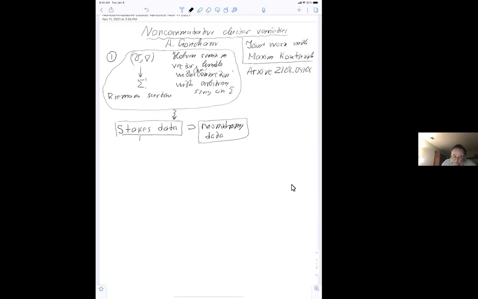As I said, I'm not going to define this, but I want to make a statement about it. This Stokes data depends on two kinds of parameters: a discrete set of parameters and also continuous parameters. What are the discrete parameters? First of all, you have the underlying topological surface, which usually will be denoted by S. It comes with the punctures where the connection has singularity.